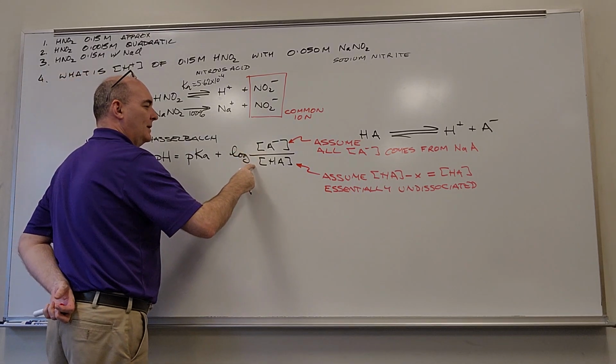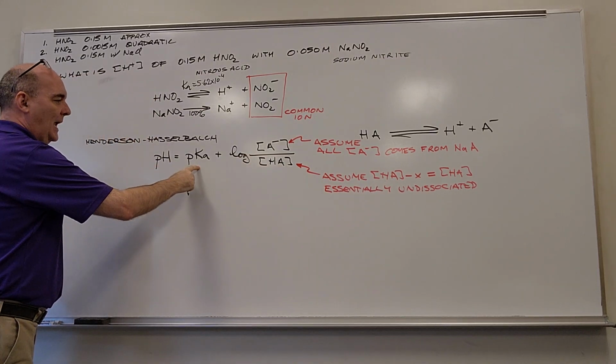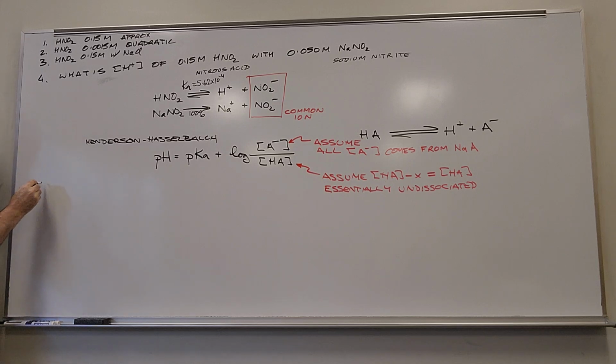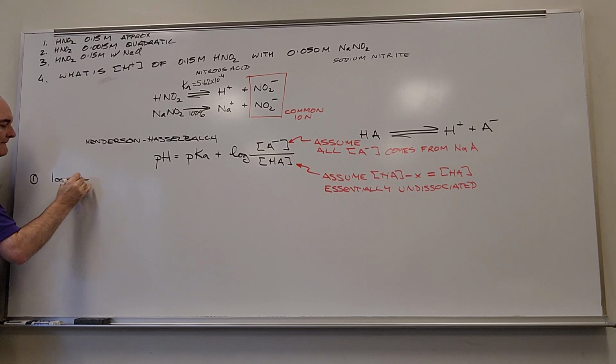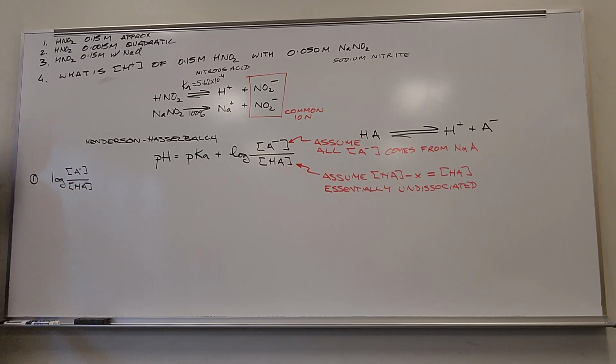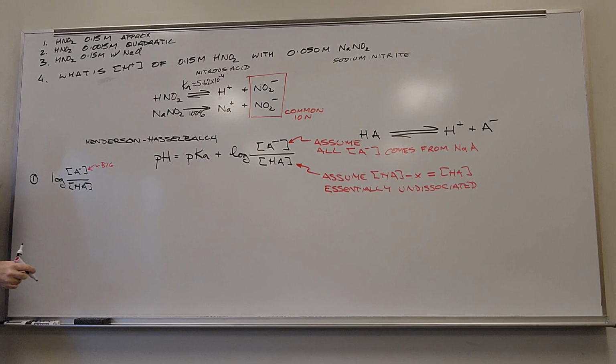We've got three possibilities. So pH equals pKa plus this term. Let's look at this term on its own. There are three possibilities. That the log of A minus over HA, that's the big number.